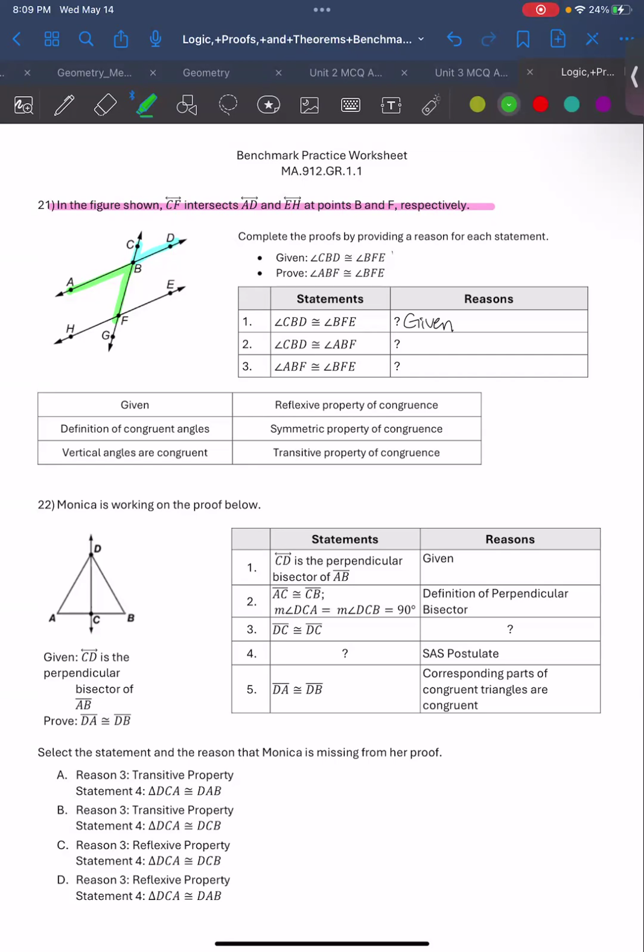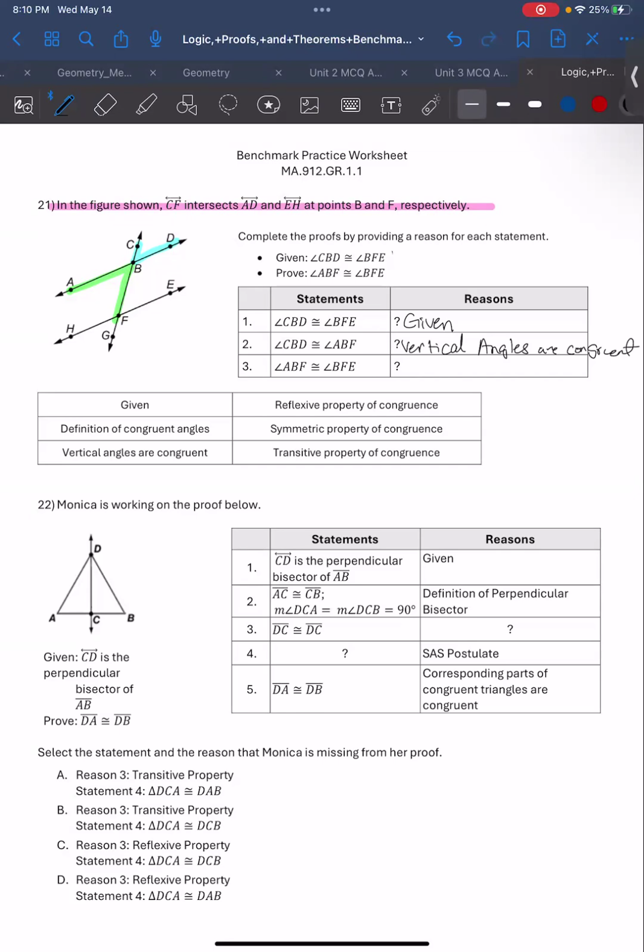So the second one is vertical. Thanks to Joshua spoiling it a little bit. Vertical angles are congruent. Yeah, I typed that in chat. Thanks.